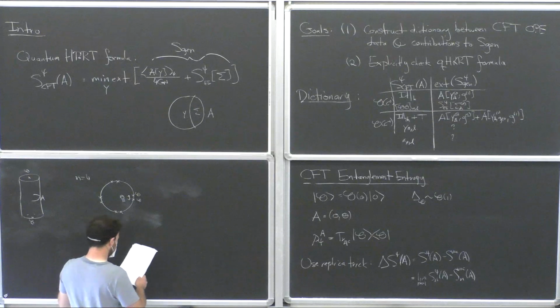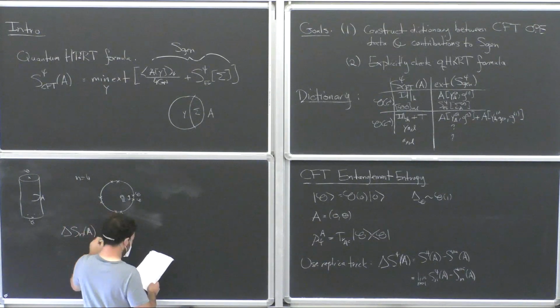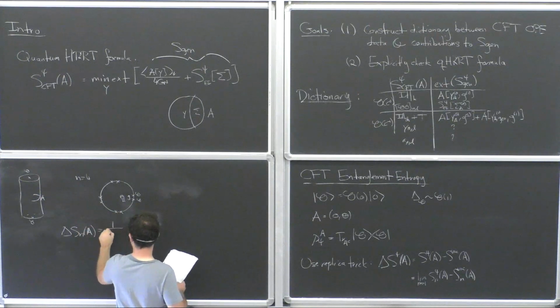And the corresponding vacuum subtracted Renyi entropy is just given by a 2 endpoint function.